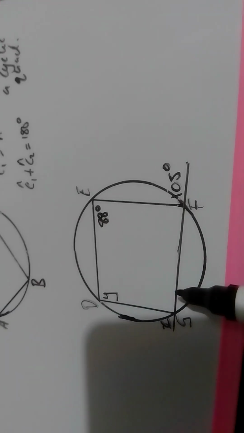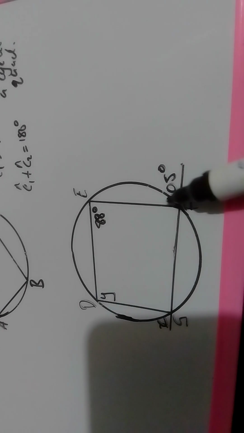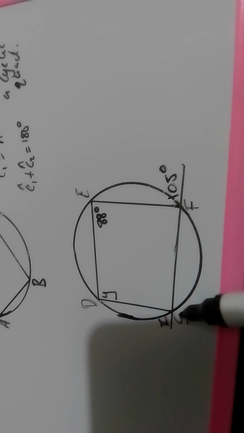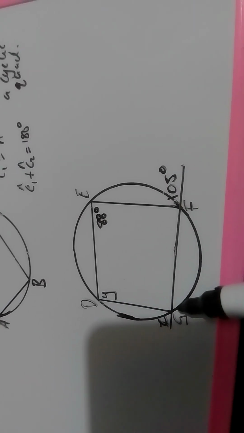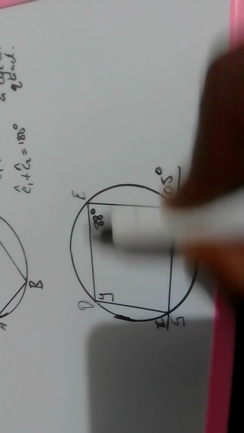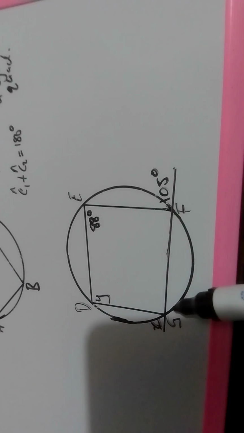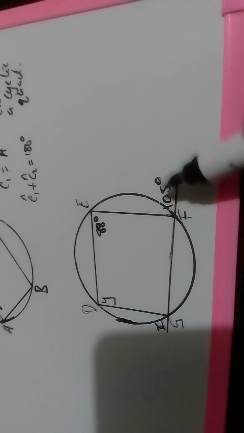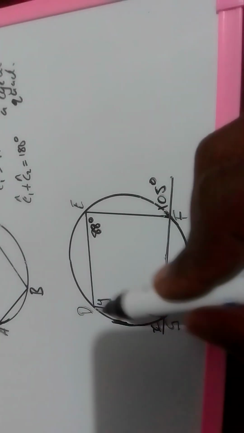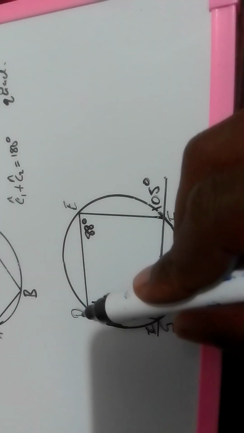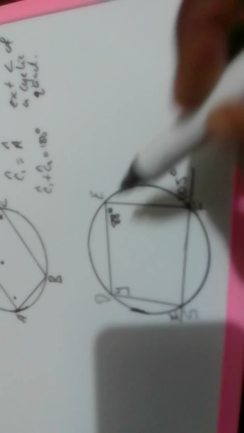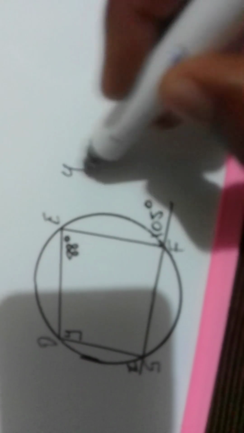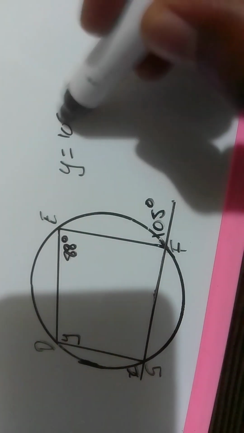So here, let's deal with this exercise, right? We've got an exterior angle at point F, we've got an exterior angle at point G, and our cyclic quad, the 4 points is D, E, F, G. So based on what we just did, it means that this is the exterior and the opposite angle is what? Angle Y here at point D. So we now say that Y is equal to 105 degrees.